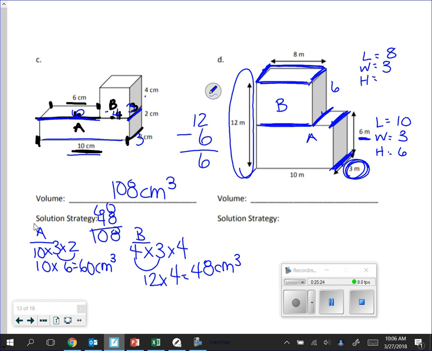Because I'm not multiplying to find the total of these two stacked on top of each other. Did I multiply to find this? No. So I'm not multiplying to find the total height. Because if I took this one and this one and said, what's my total height?